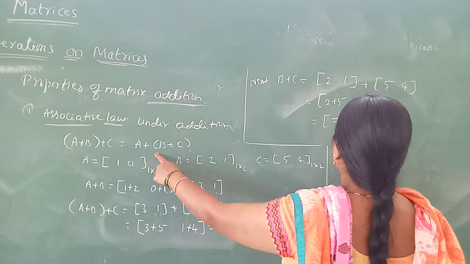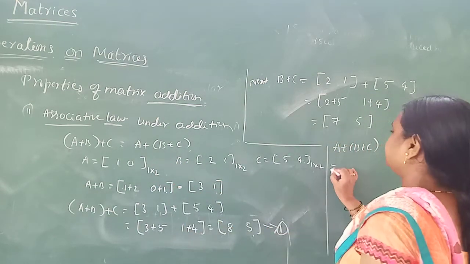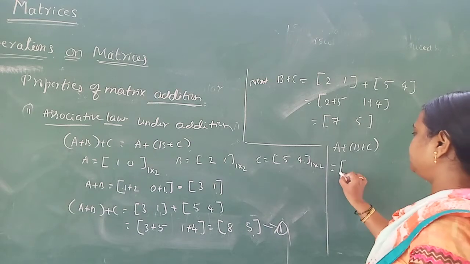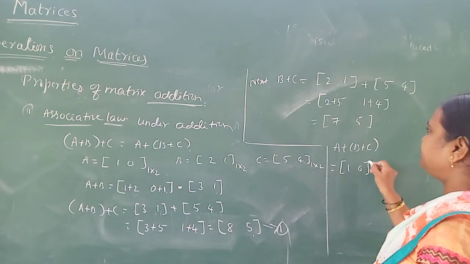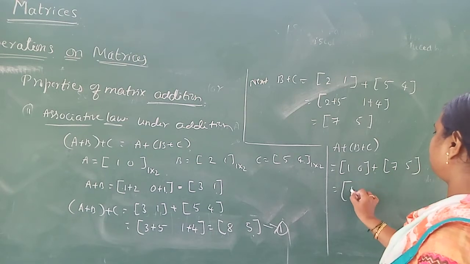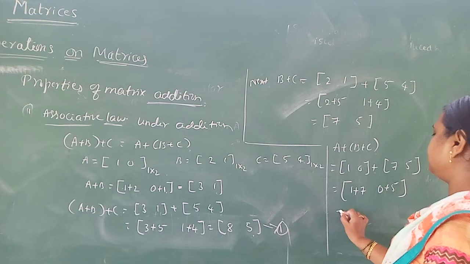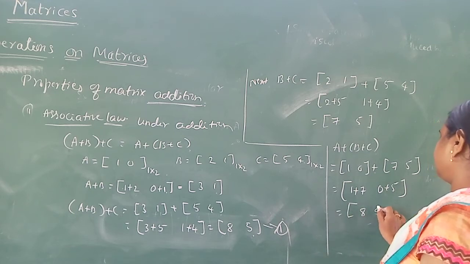Next, A plus (B plus C). A is [1, 0], B plus C is [7, 5]. Add these two: 1 plus 7 is 8, 0 plus 5 is 5.